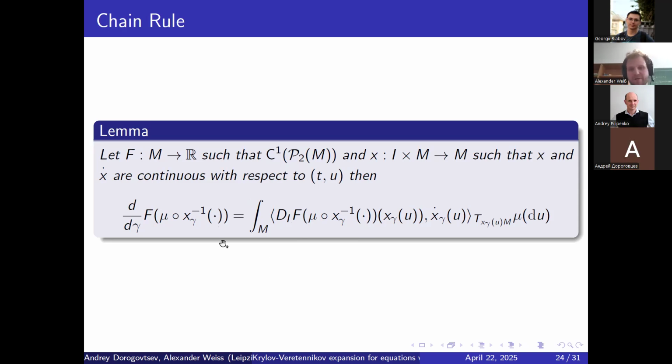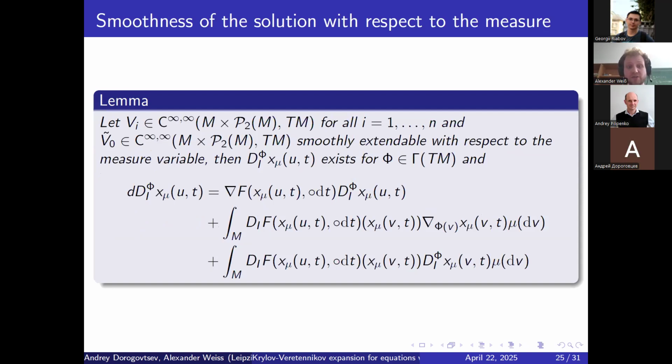But then, since we have functionals from the Wasserstein space, we also integrate with respect to a measure. Okay, and this chain rule now is essential in order to prove the smoothness with respect to the measure component.